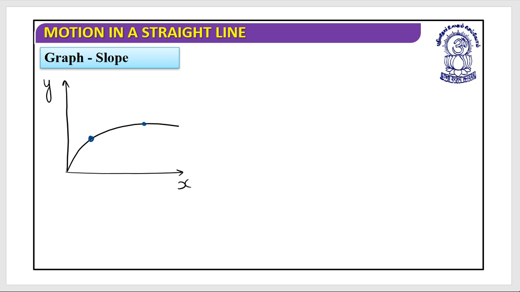Let's look at these two points and make a tangent over here. This is the first. Let me extend this, and this would be the situation. Let's say this is the second point.